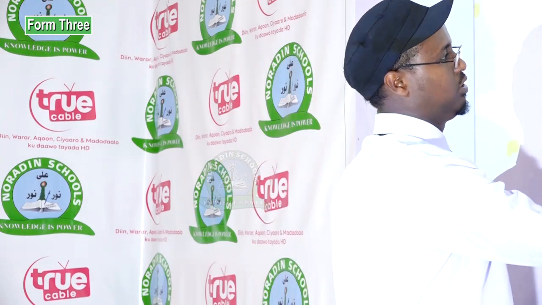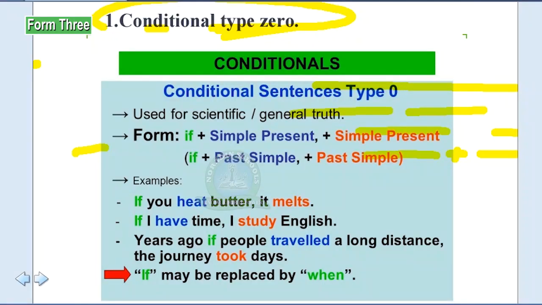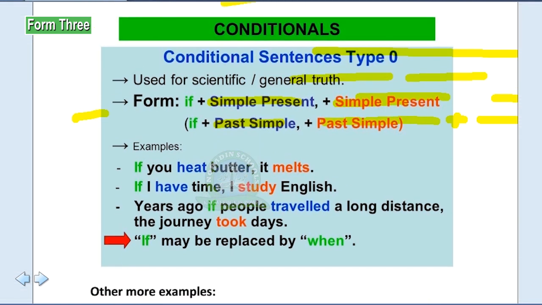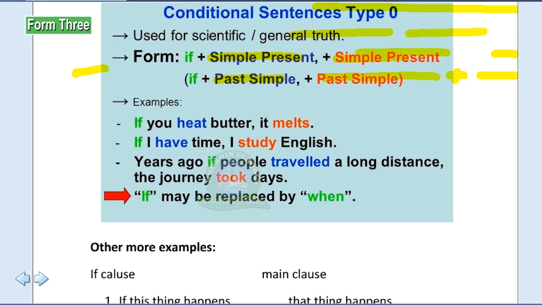So if you want to construct a sentence of conditional type 0, all you have to do is simple present tense plus simple present tense, or past simple plus past simple. Okay, let's take quick examples about conditional type 0.